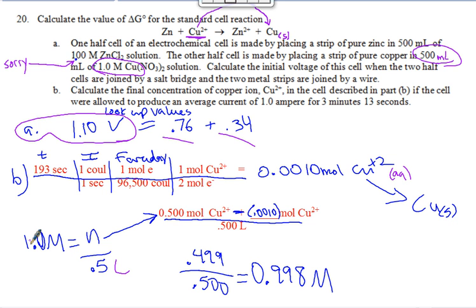And then we're losing, remember we're losing this many copper ions. So 0.5 moles of copper started, we lost 0.001 divided by the volume. And so this is really silly. It is now 0.998 molar. It dropped 998? Oh, yeah, because we're dividing it by 0.5. 0.998 molar.